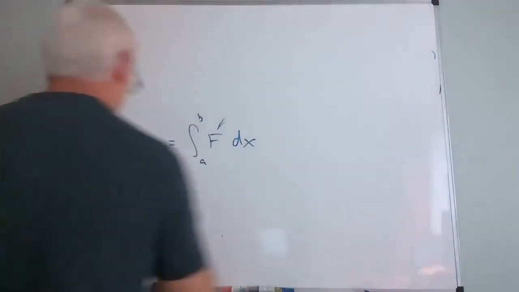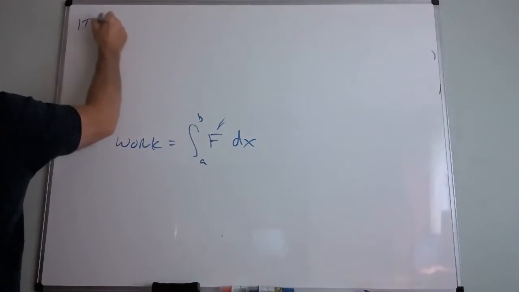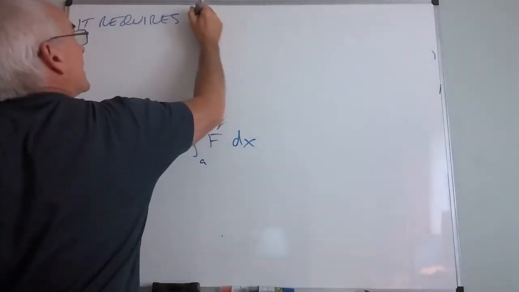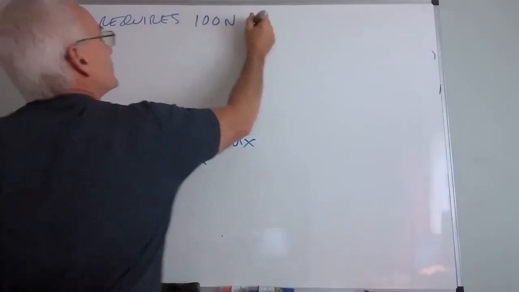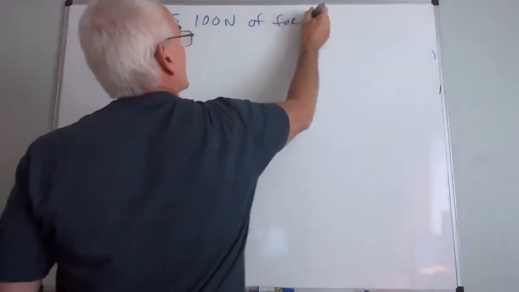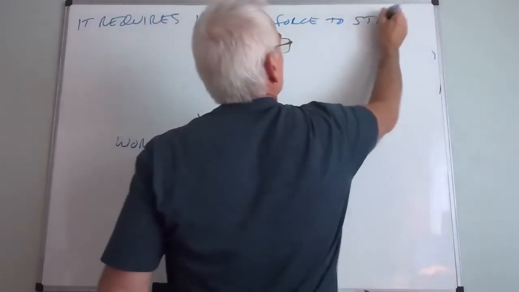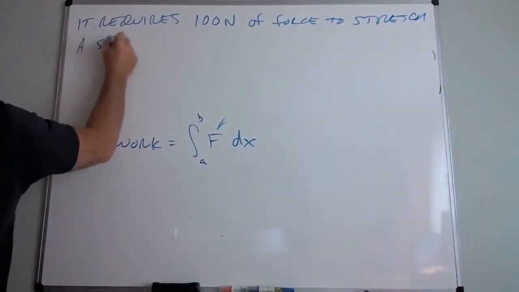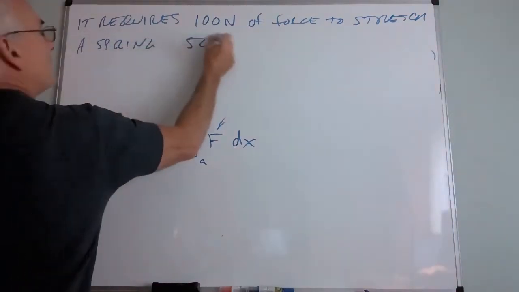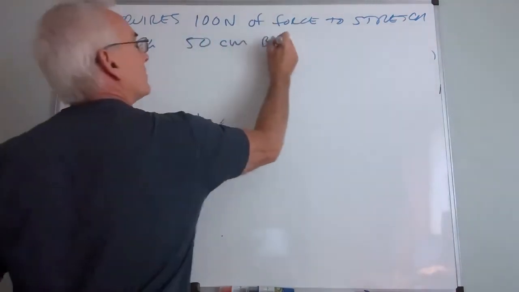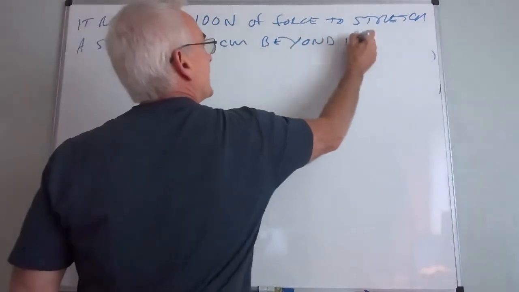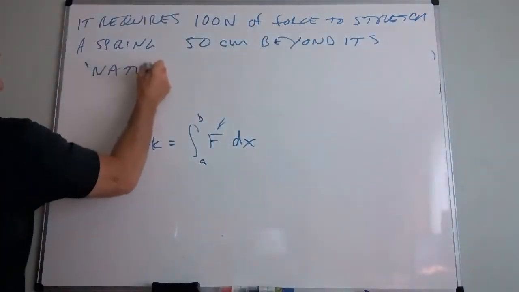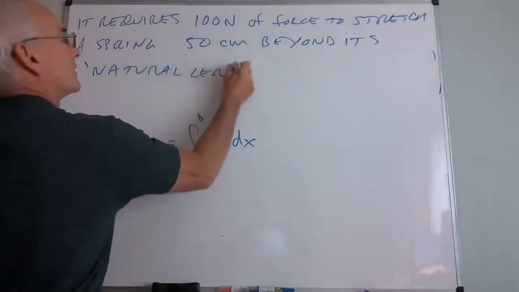So let's say it requires, I don't know, let's say 100 newtons of force to stretch a spring 50 centimeters beyond its, and the term we usually use is natural length.